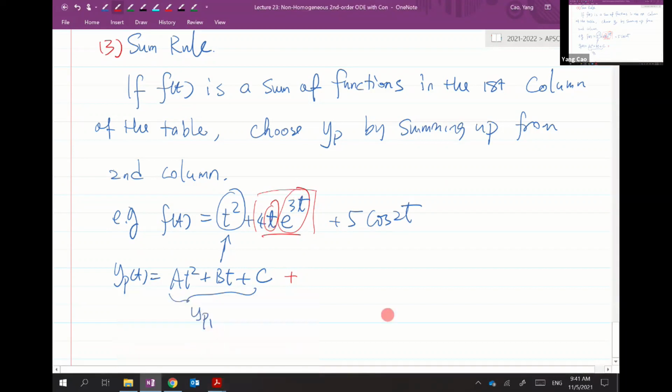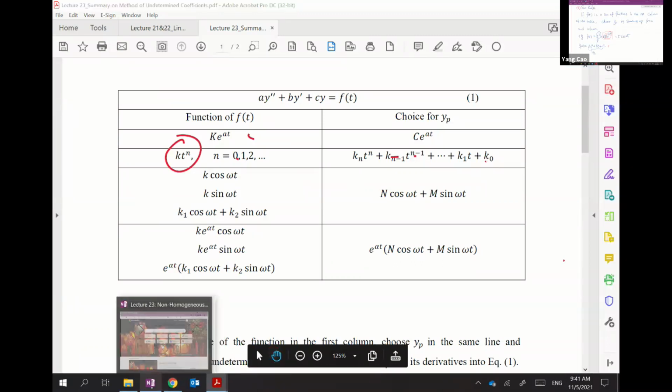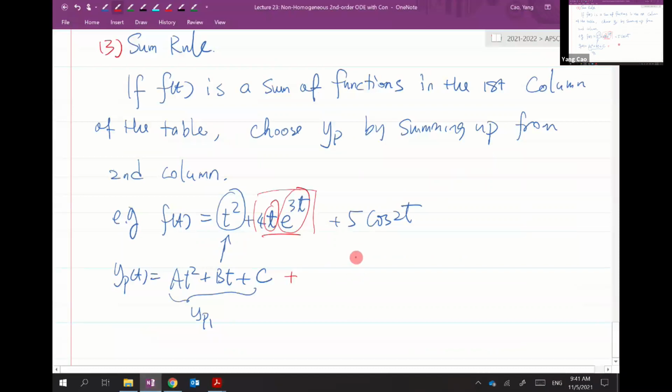For t, you use the second rule. If it's a t, then it's k1t plus k0, right? So for t, you're going to use that. Make sure you choose different constants. You've used A, B, C already, so now I'm using D and E. So this is for t.